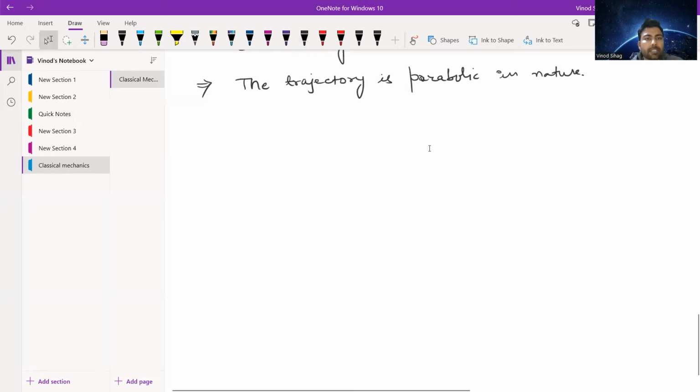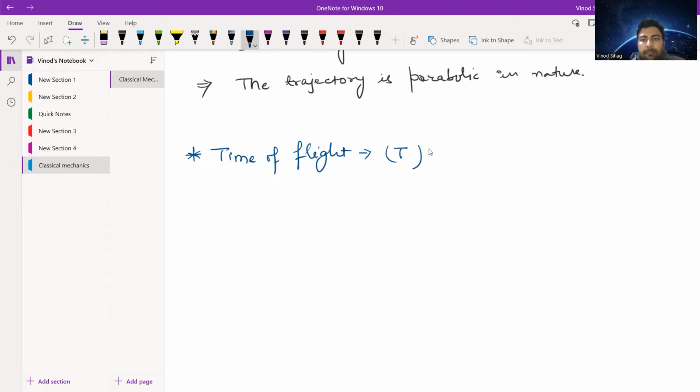Okay, so our next topic is time of flight, and basically it is denoted by capital T. In most of the textbooks you will see that it is denoted by capital T. So what is time of flight actually?